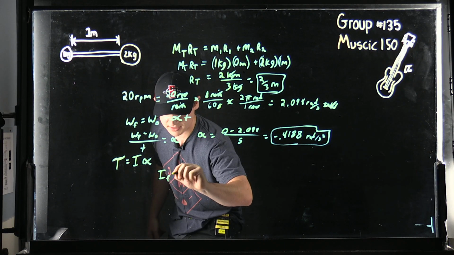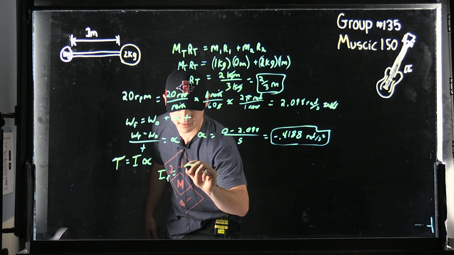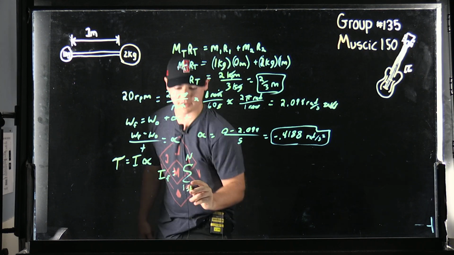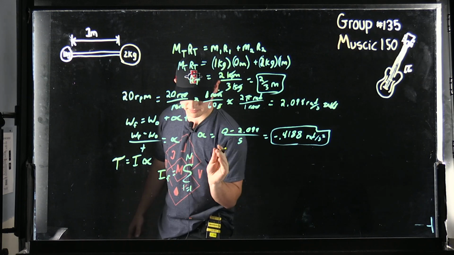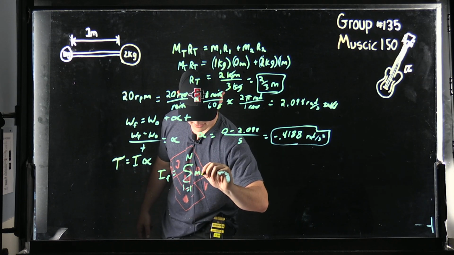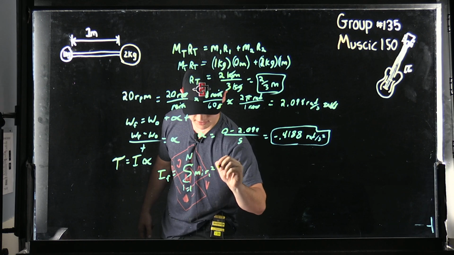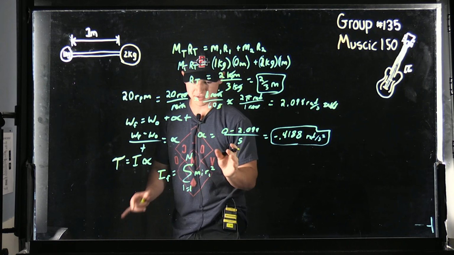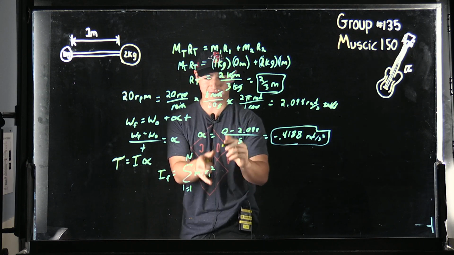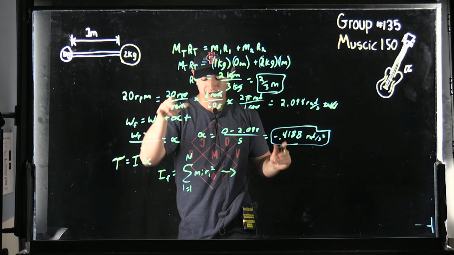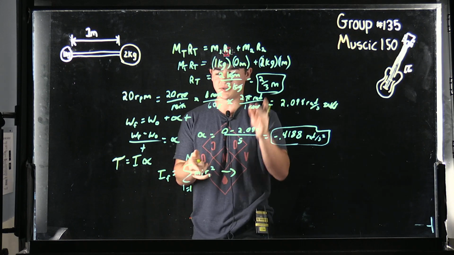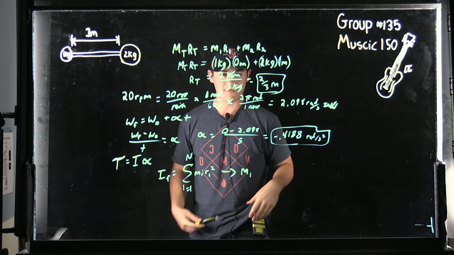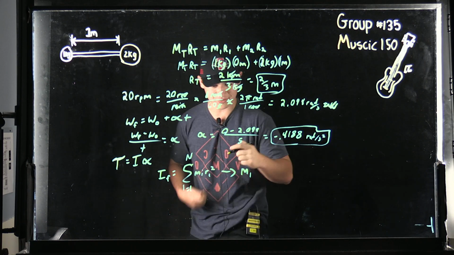Well, that's going to equal this easy and fun little boy we like to call I equals the summation from i equals 1 to n of m_i r_i squared. So we use this little baby, and we plug it into this guy. Oh, look at that. You only do it from 1 to 2. Easy as that. Easy as a slice of cake on wedding day, which I don't have to go to anymore.